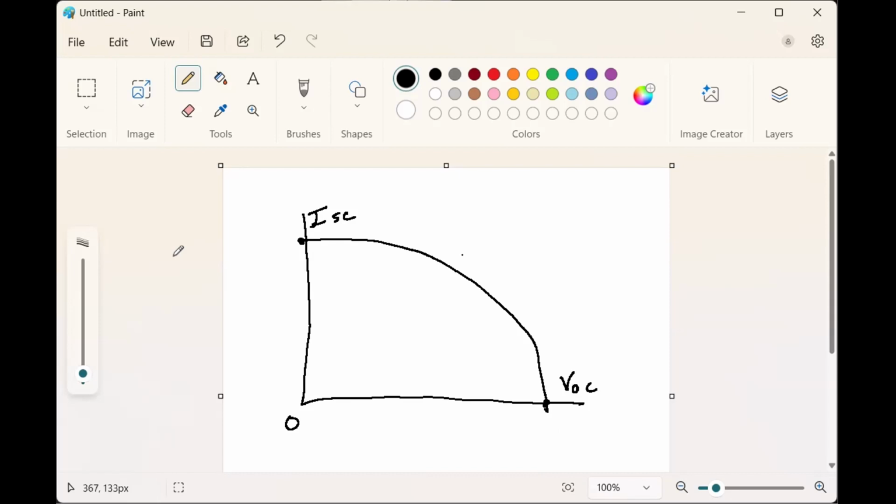Now the maximum power point is where it produces the most power. Then we're going to want to know the VMP, and we're going to want to know the IMP or the IMAX. These are going to be your actual operating conditions.